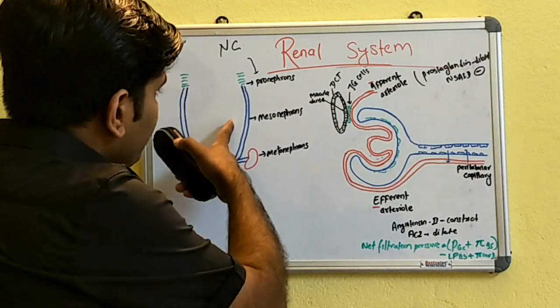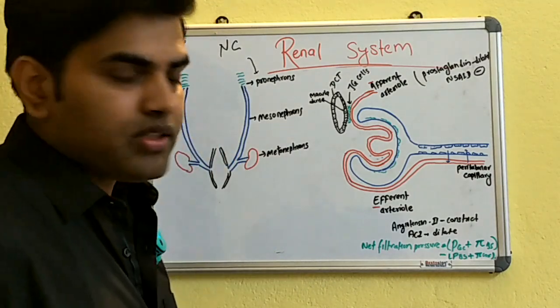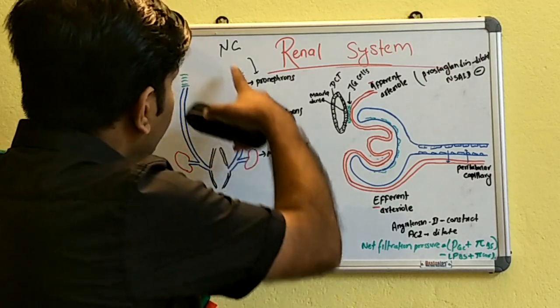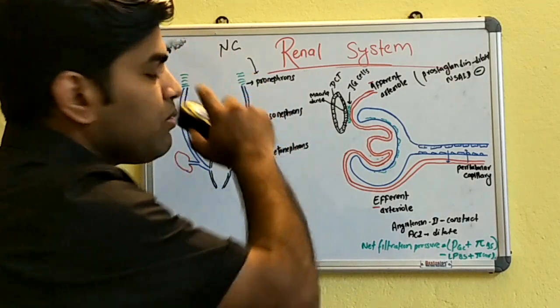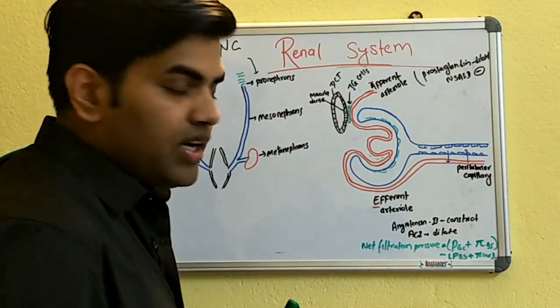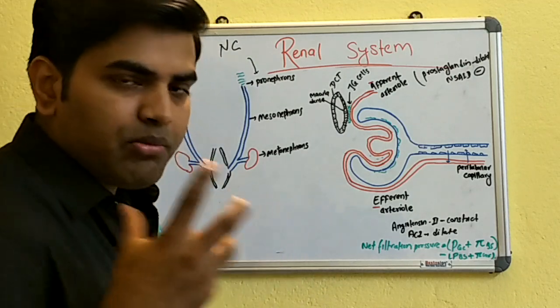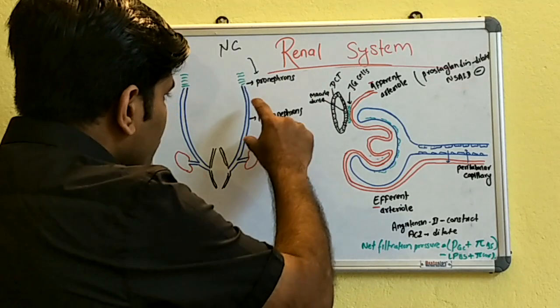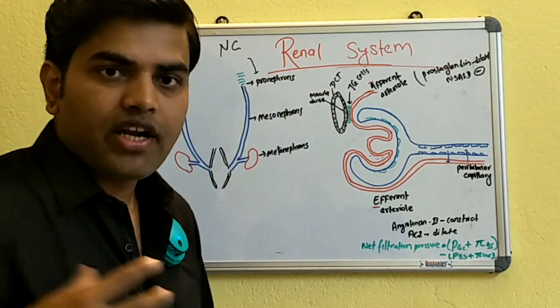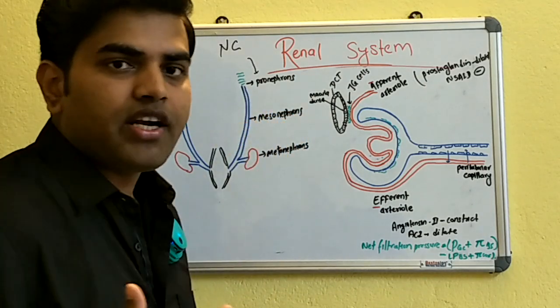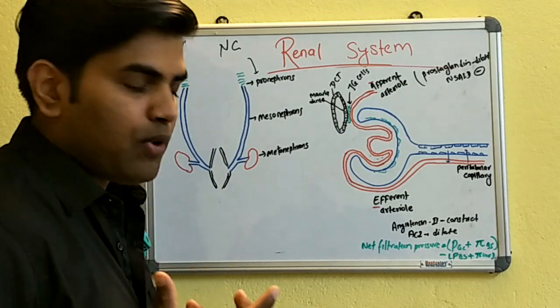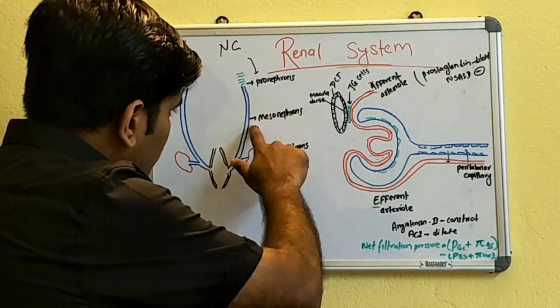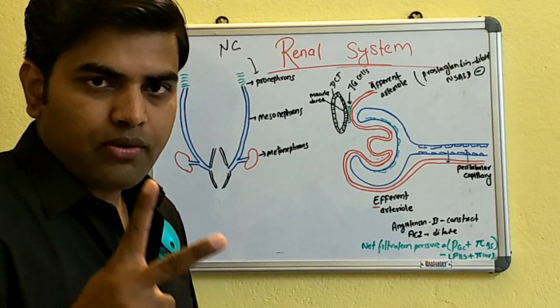Then the mesonephros develops at 4 weeks, and it comes from the middle portion of the nephrogenic cord. It is actually an interim kidney. In the first trimester of life, the mesonephros functions as the kidney. It has two major functions.